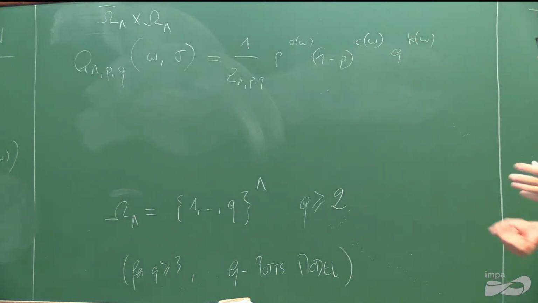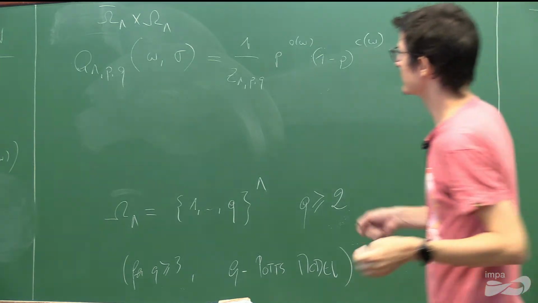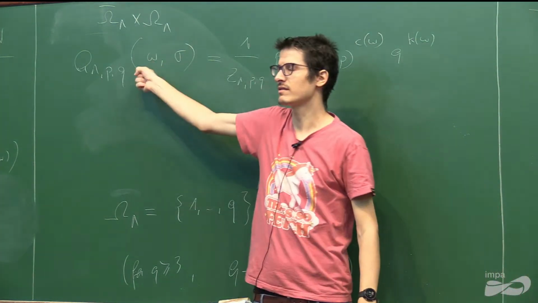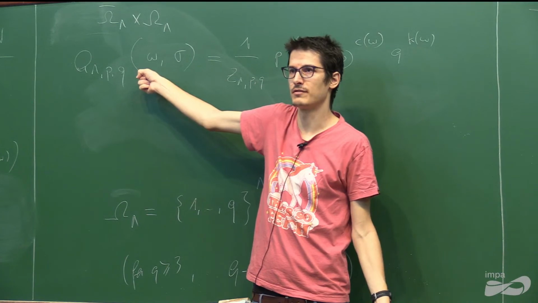Then I have to multiply this by the probability of observing sigma given that I have already observed omega.